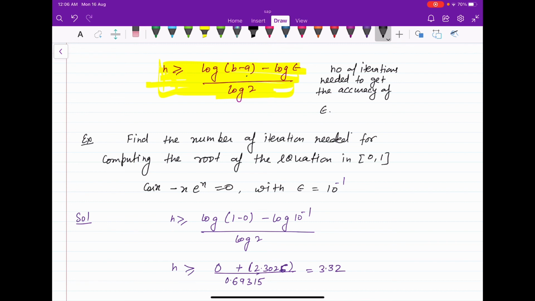Here at x equal to 0, the function f(x) is not continuous. When it is not continuous, the IVT cannot apply. In this case, we have the condition f(a) into f(b) less than 0, but x equal to 0 is not the root of the equation f(x) equal to 0. At x equal to 0, the function is not defined.